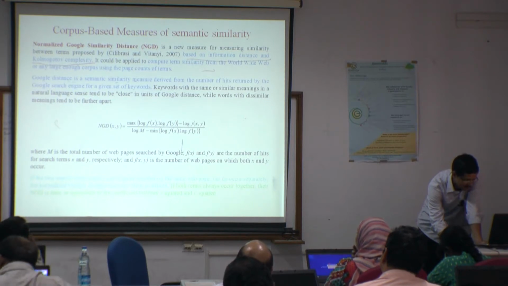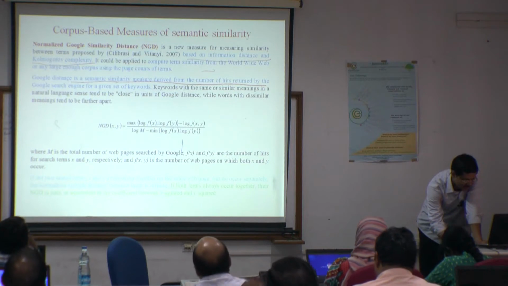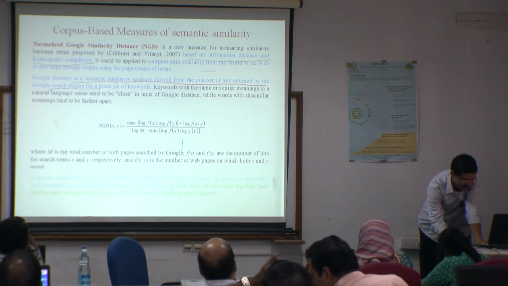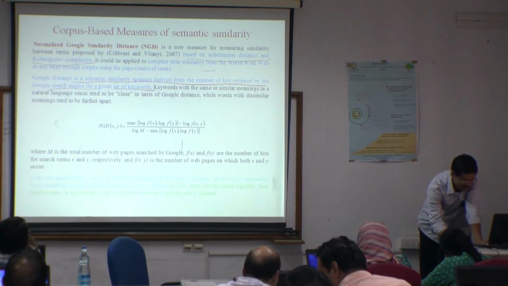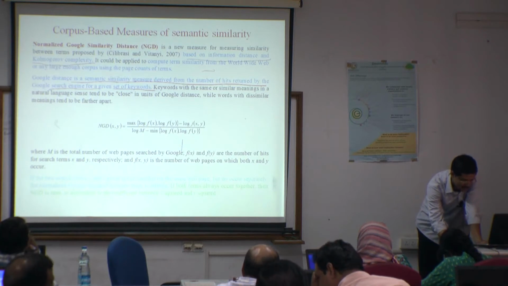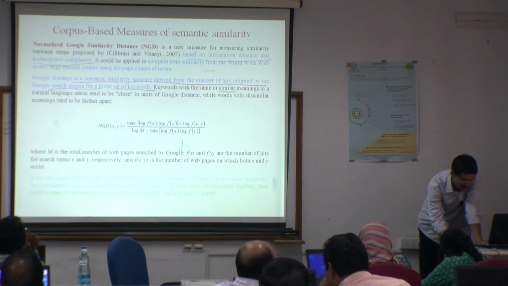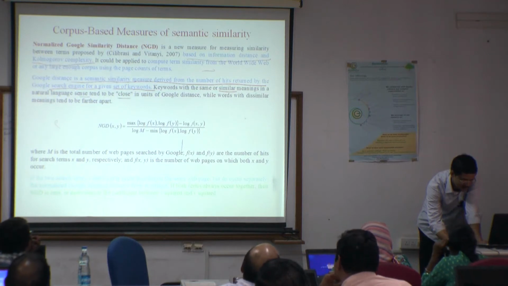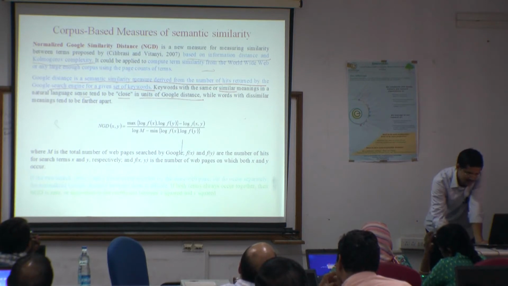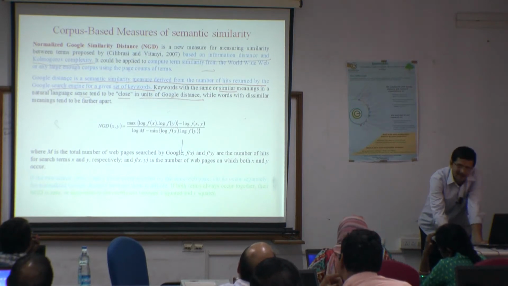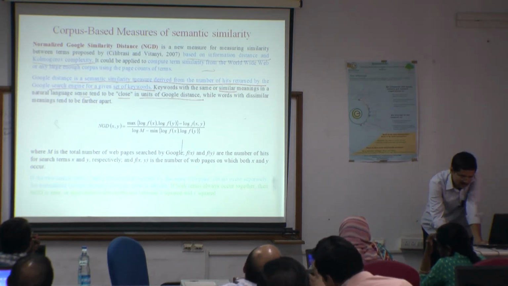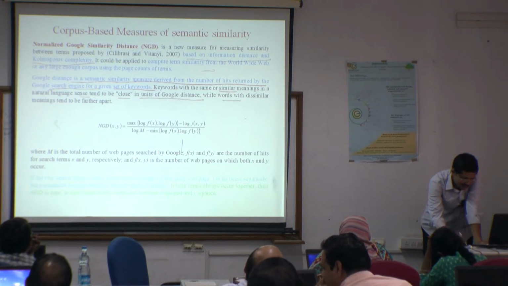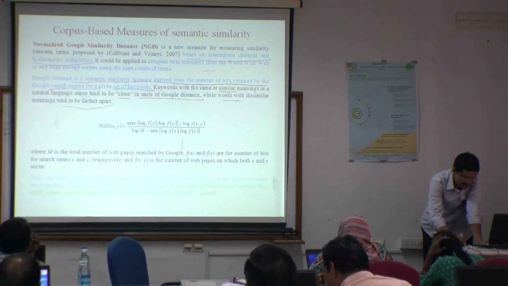Here the Google distance is the semantic similarity measure derived from the number of hits returned by the Google search engine for a given set of keywords. Keywords with the same or similar meaning in a natural language sense tend to be close in units of Google distance. This definition is also very similar to what I discussed in the semantic similarity measure, while words with dissimilar meaning tend to be far apart.